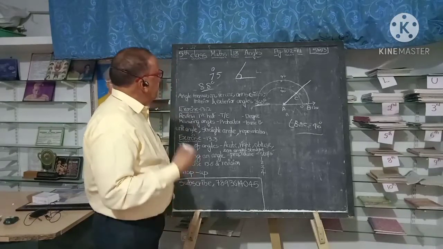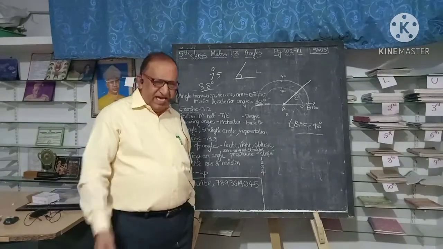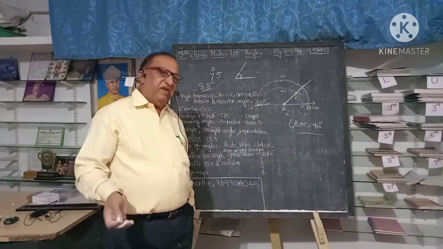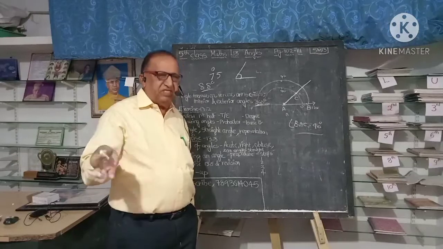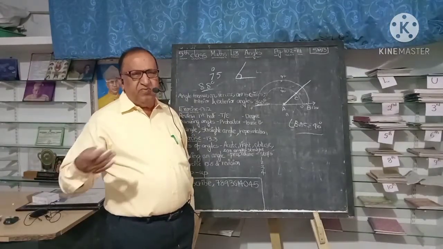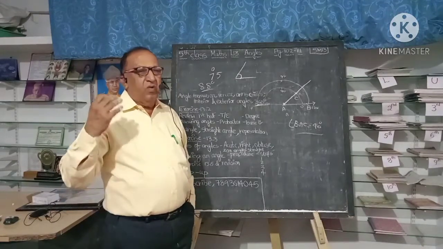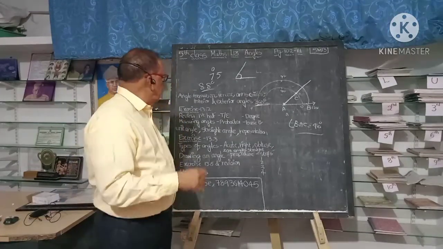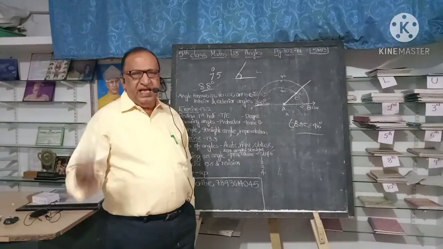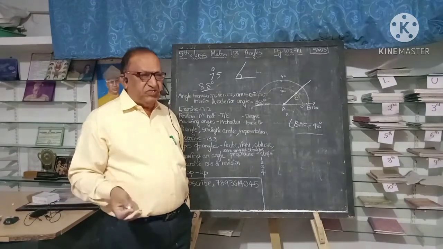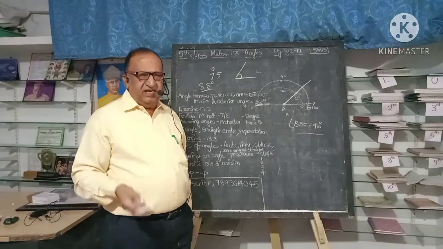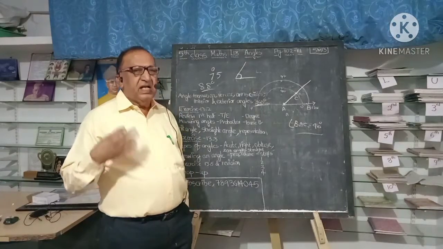So in this class, basically it is about angles. We reviewed the previous class, 4th class mathematics: what is a point, a ray, a line segment, a line, a plane. Then we went into angle formation. When 2 lines intersect, an angle is formed. Depending on the magnitude, it is an acute angle, a right angle or an obtuse angle. An angle equal to 90 degrees is called a right angle.